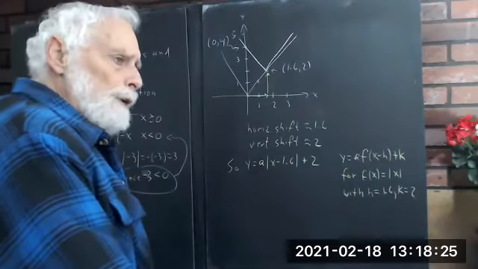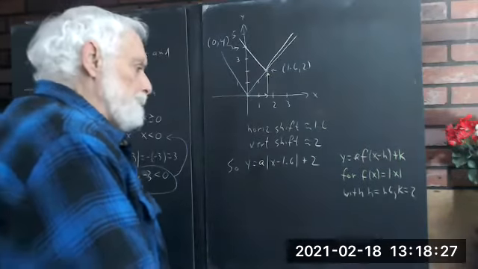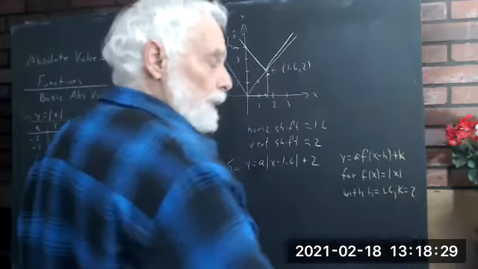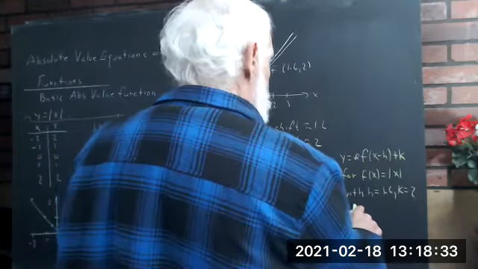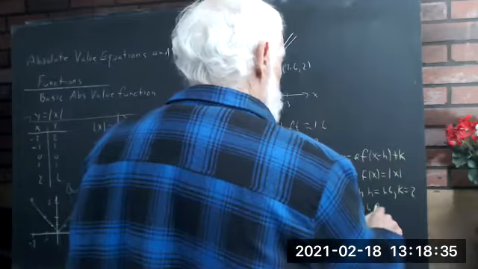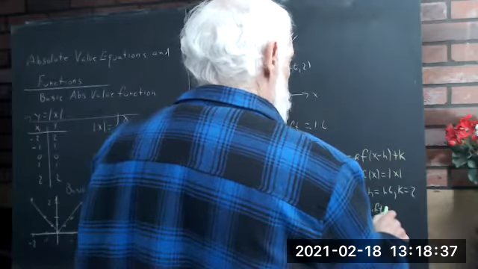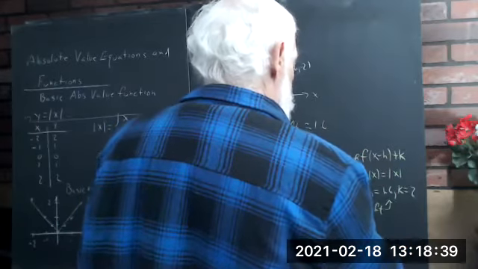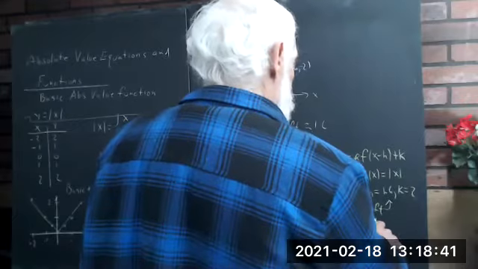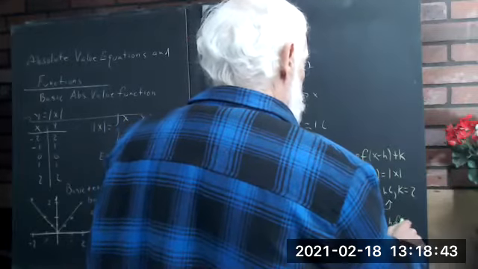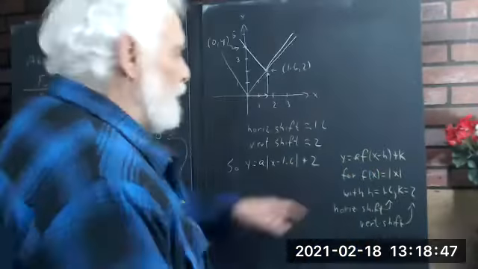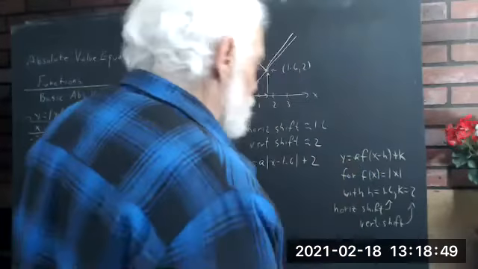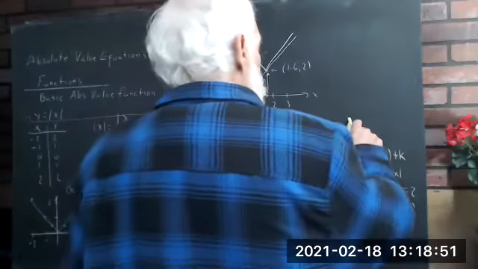What we don't know is A. We know that h is your horizontal shift, that k is your vertical shift, and A is your vertical stretch.